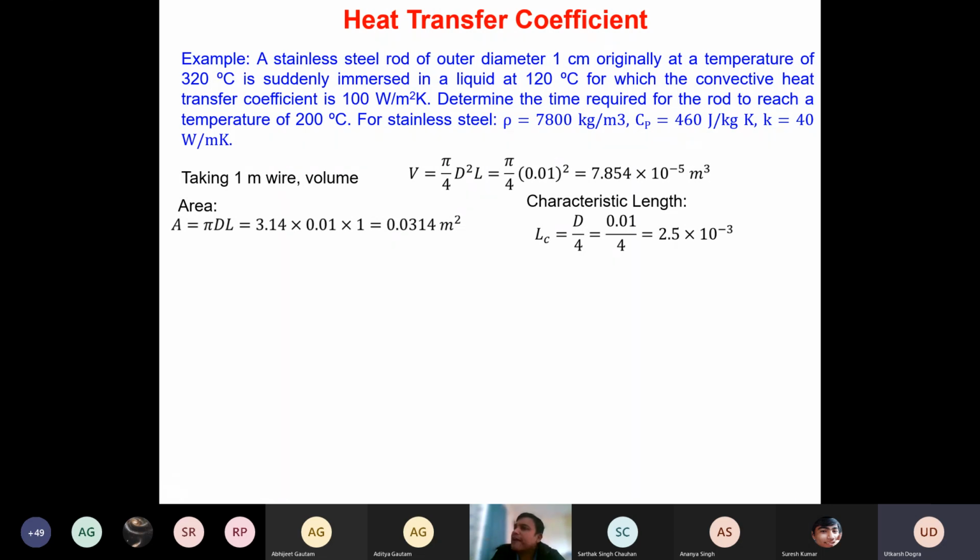Why we obtain the characteristic dimension is because all these equations we derived based on the spherical surface, and when we want to apply the same concept to the cylindrical geometry, then we represent it in an equivalent form. So the equivalent form will be based on the characteristic dimension. So characteristic dimension in this case will be volume by area.